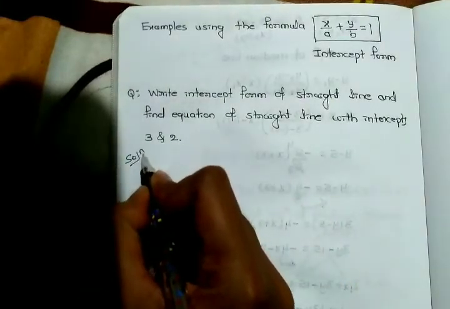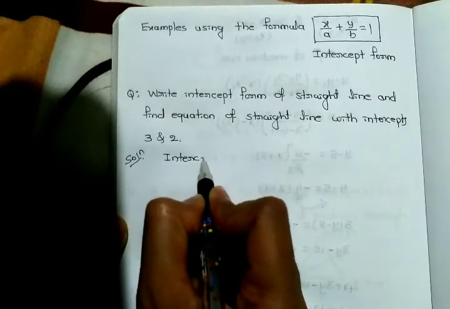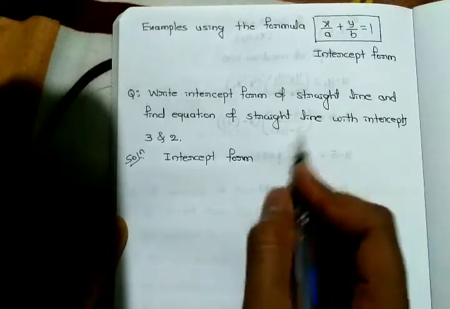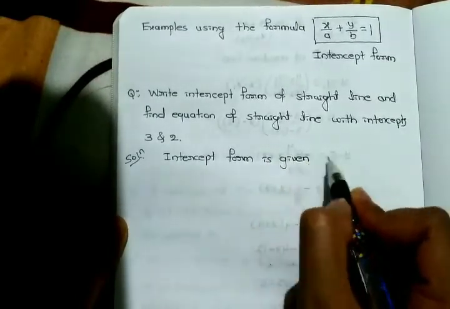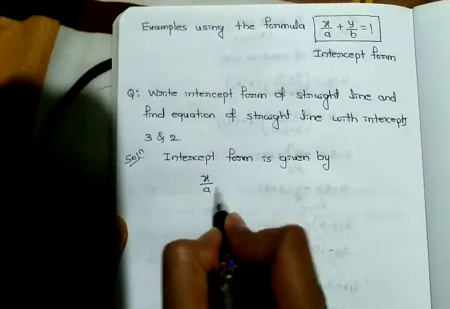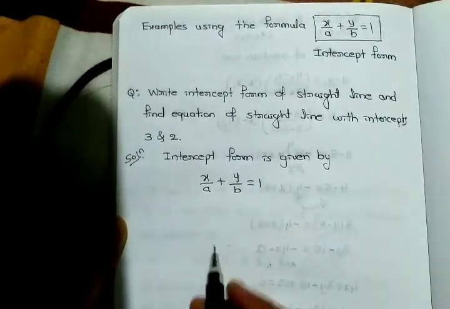Therefore solution: intercept form is given by x upon a plus y upon b is equals to 1.